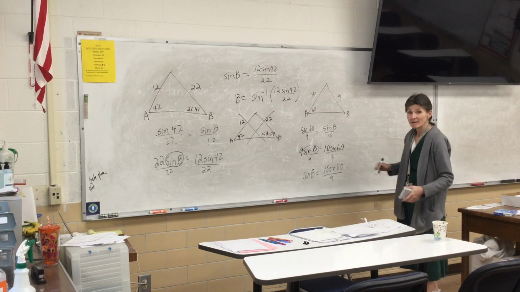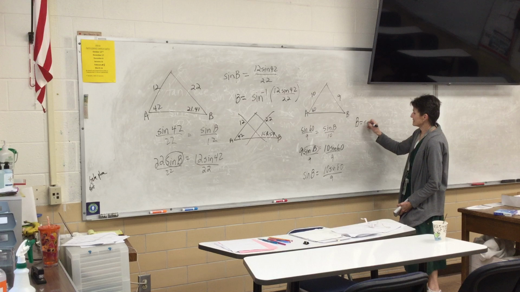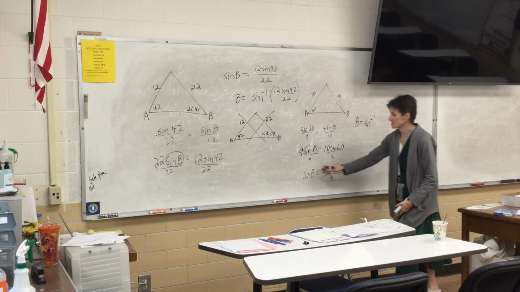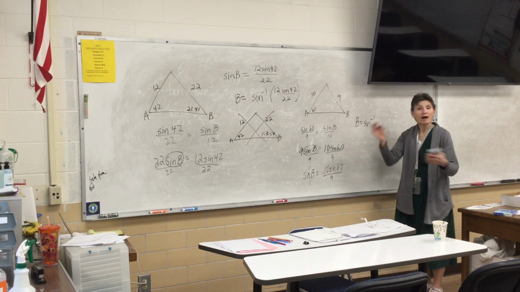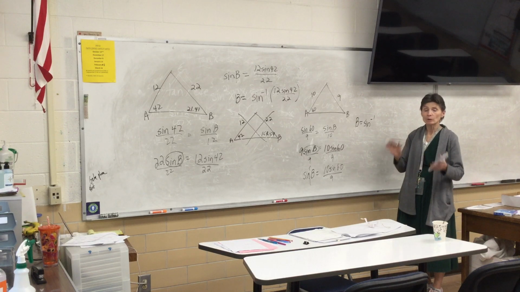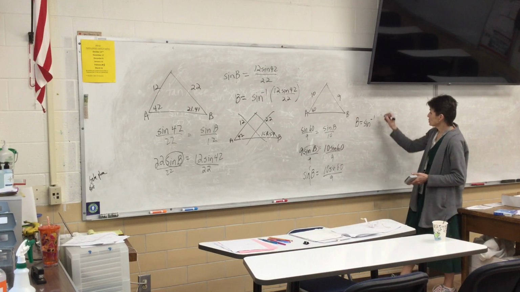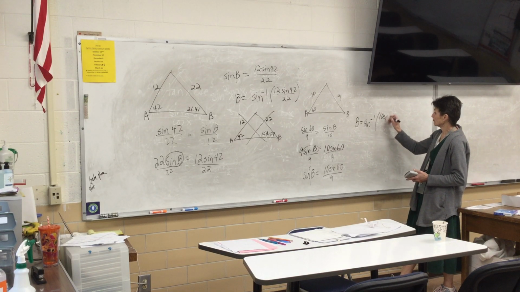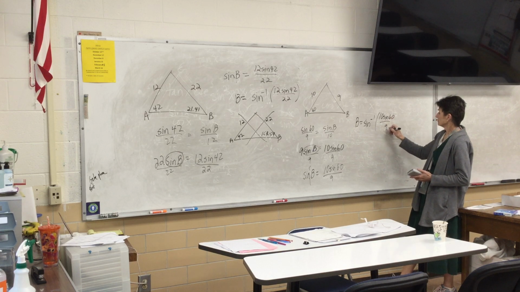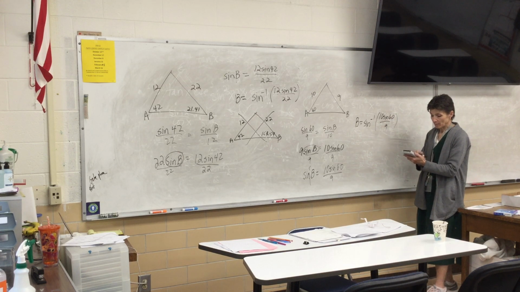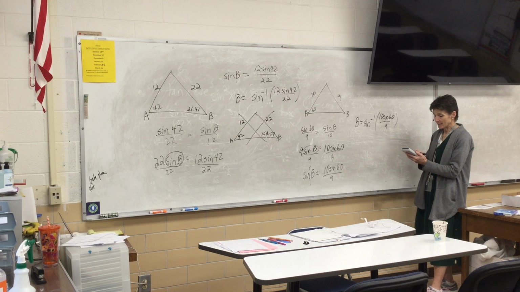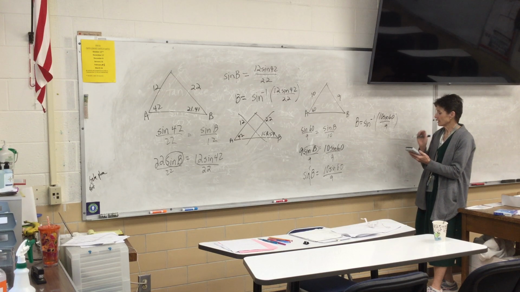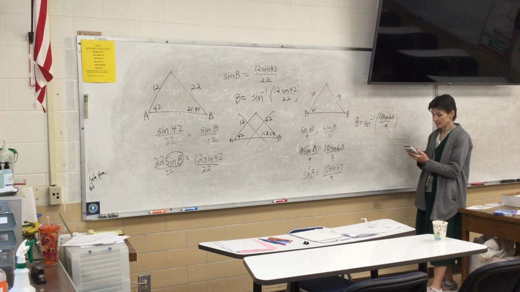Now, to get B, I have to second sine. That is the only way to split that. You can't divide or multiply or anything like that. So I'm going to second sine this fraction. Type with me: second sine 10 sine 60, close parentheses, divided by 9, close the final parentheses.